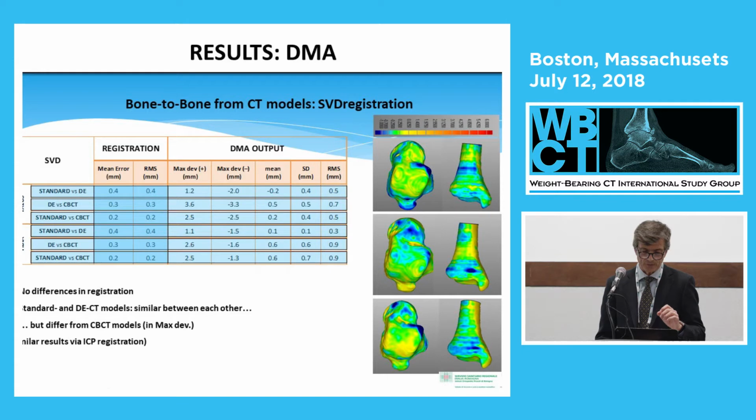Better than the other 2, standard and dual energy techniques. In the bone-to-bone comparison, using the singular value decomposition registration, the registration in itself was very successful in all these comparisons. A slightly better result has been shown by the standard and the dual energy CT.